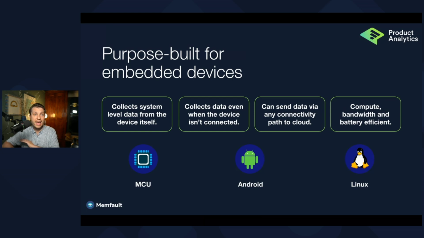It can use any connectivity path, and in fact, we can even collect data while the device is not connected, for intermittently connected devices. Whether it's Bluetooth, Wi-Fi, LTE, or satellite connectivity, you can collect data with product analytics and get those insights with Memfault.